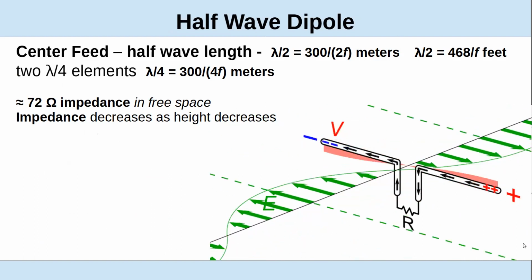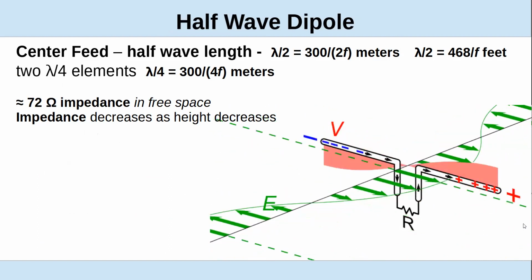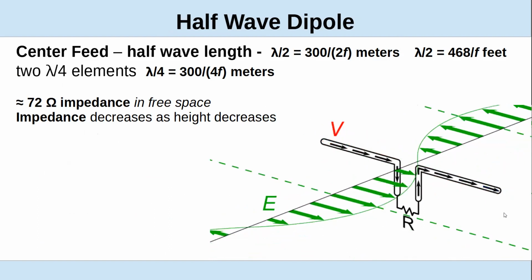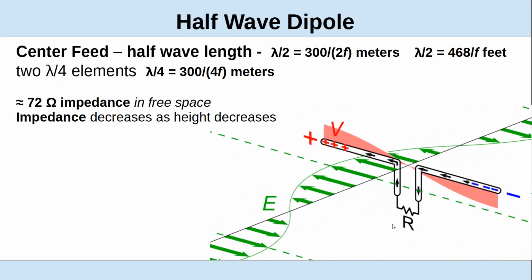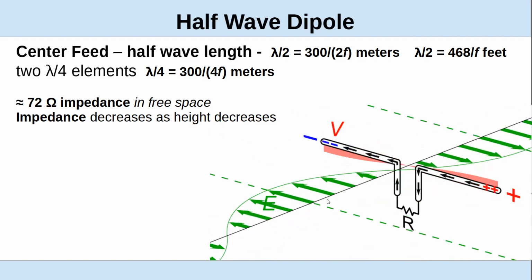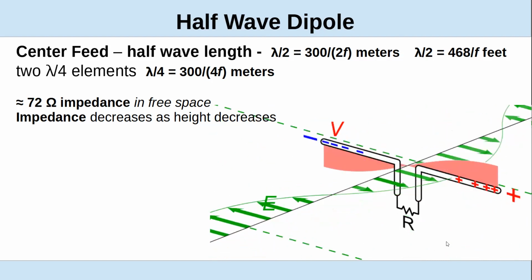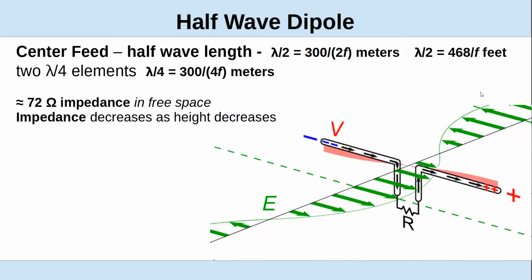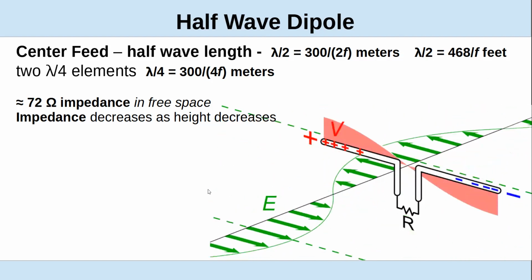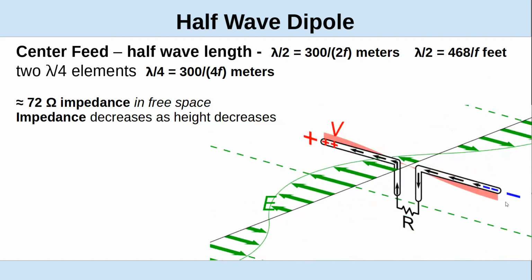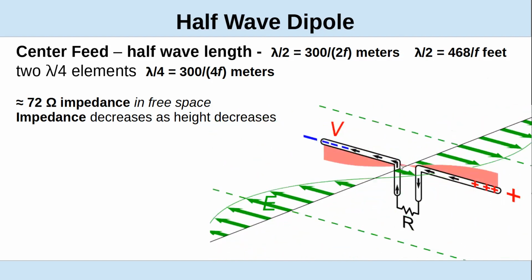Okay, when you put a signal on the antenna, you actually generate an E field and an H field, the magnetic field, which will be perpendicular to the electrostatic field. What you normally are receiving and transmitting is the electrostatic field. So if you notice, it's varying along the element.